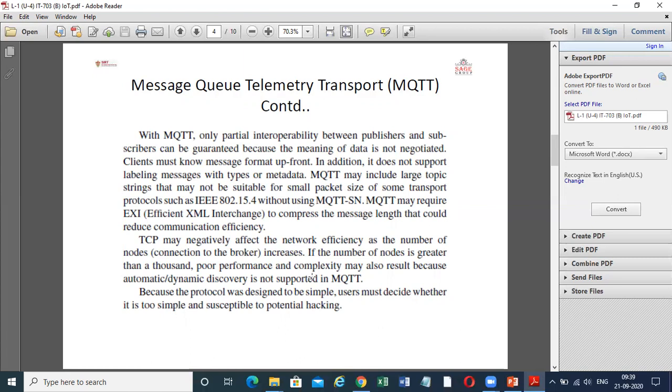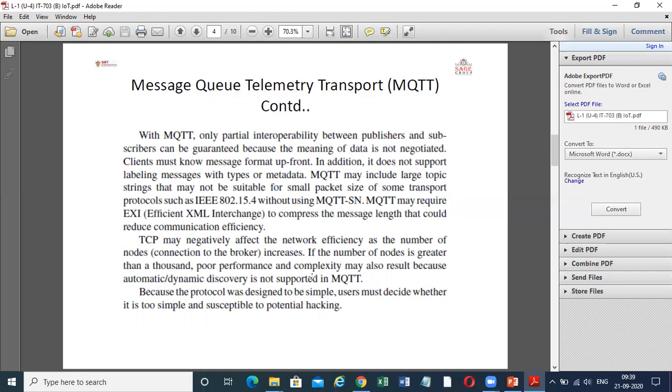If the meaning of data is changed, then you can assume what will happen. The client must know the message format upfront. In addition, MQTT doesn't support labeling messages with types or metadata.